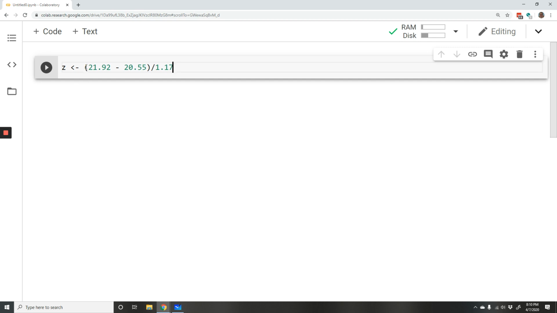I do want to point out here that these parentheses are very important. We want to divide this whole thing, the 21.92 minus 20.55, by 1.17. If I were to leave these out, then only the 20.55 would be divided by the 1.17. I want to divide it all by the 1.17. So those parentheses are essential. Okay, let's run it.